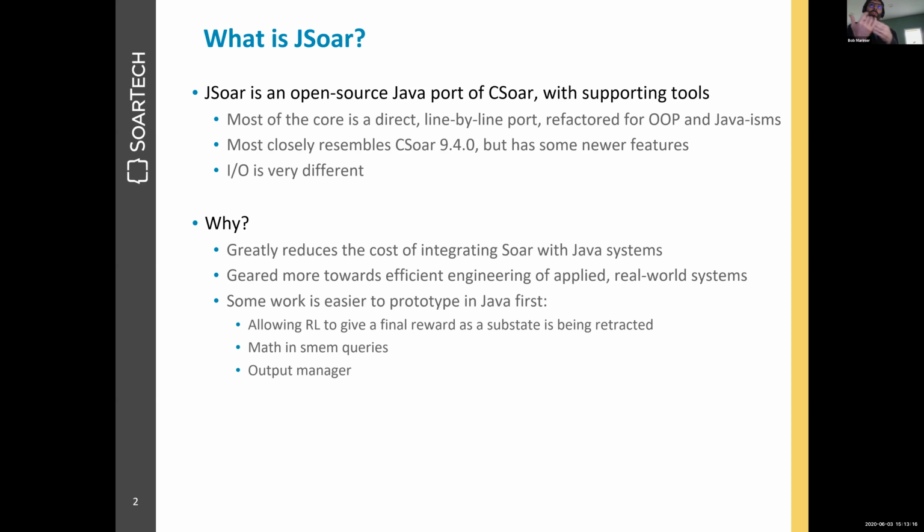You can say, like, find me a chunk where the value of this is less than that. That was done in JSoar first. And CSoar has an output manager, which is not a direct port of the JSoar one, but was inspired by it. So I would say in general, if you didn't already have all your research done in C++, it might have been nicer to start with JSoar, but there's reasons not to do that as well, which I'll get to.